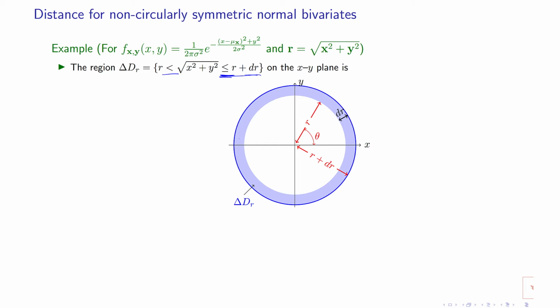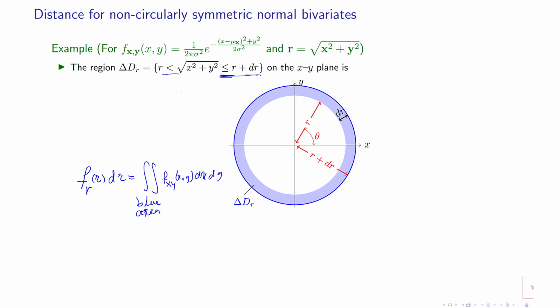In other words, f_R(r) times dr is equal to the integral of the joint PDF f_XY(x,y) dx dy over the blue area.